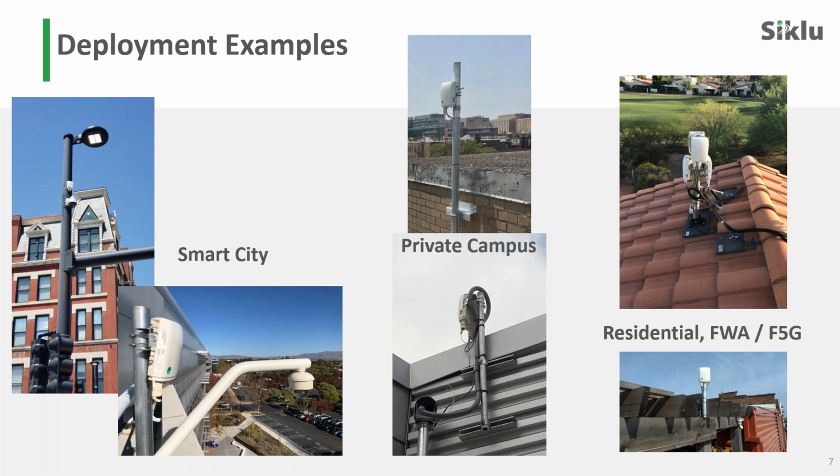You see that the MultiHaul radios are mounted basically on the utility poles or any type of pole, and you can easily backhaul a camera, Wi-Fi access points, and more, because they bring a complete gigabit, sorry, of capacity to the pole, and from there it's easy to connect a number of devices.